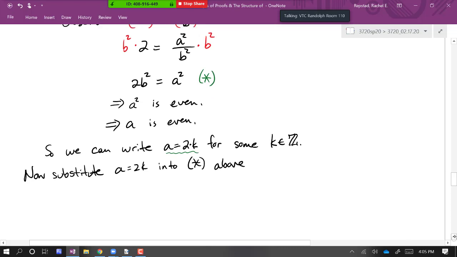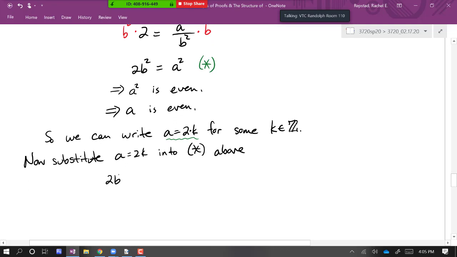So we start with the equation 2b squared equals a squared. Make the substitution so it looks like 2b squared equals 2k, all squared.